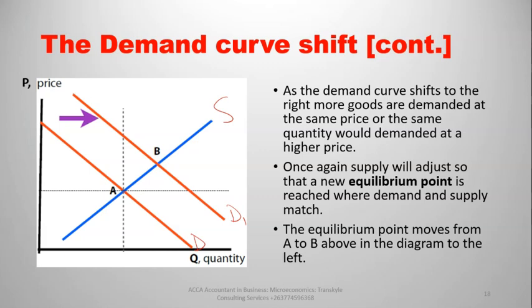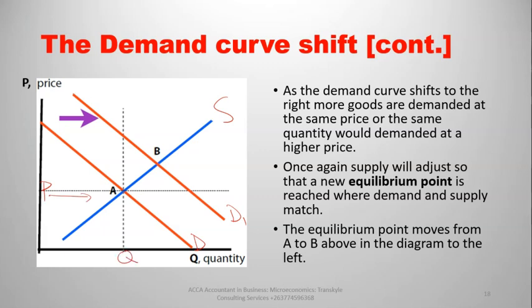So initially, as you can see on the graph, the equilibrium price was this one at P there, and at this price the quantities which could be demanded were these ones.